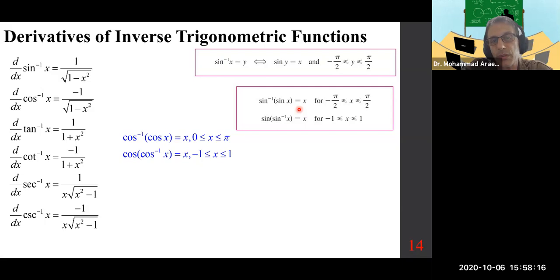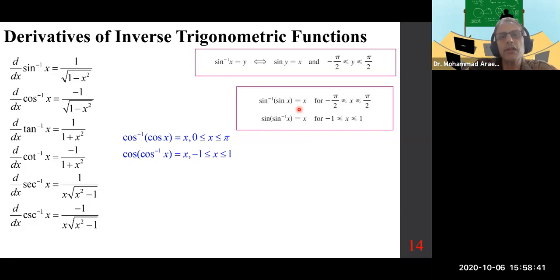Every one of them is a periodic function. And the restriction, for example, on sine was we put it between negative and positive pi over 2. Okay. And so that was the restriction on sine. And of course, the range is from negative 1 to 1, and everybody remembers all of those. In the case of the cosine, we go from 0 to pi.